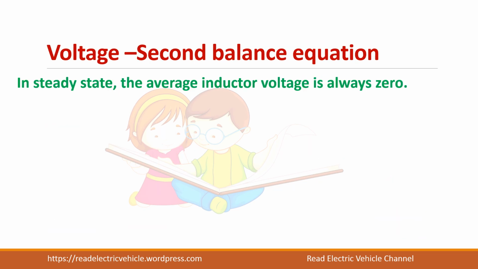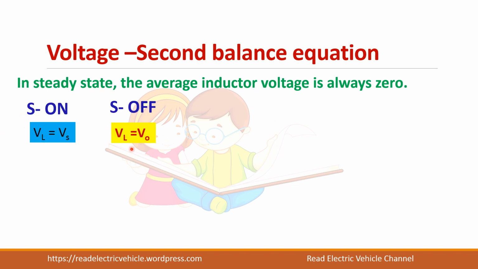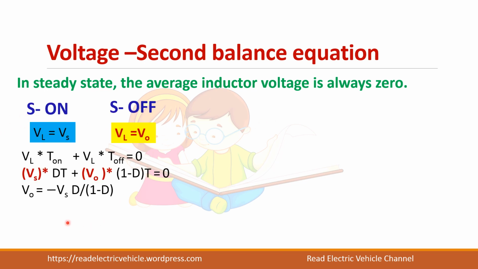Let us write the voltage second balance equation. According to that, in steady state, the average inductor voltage is 0. So take the on condition and off condition equations and equate to 0. We will get V0 equal to minus Vs into D divided by 1 minus D. This minus sign indicates that the output voltage is opposite in polarity to the input voltage.